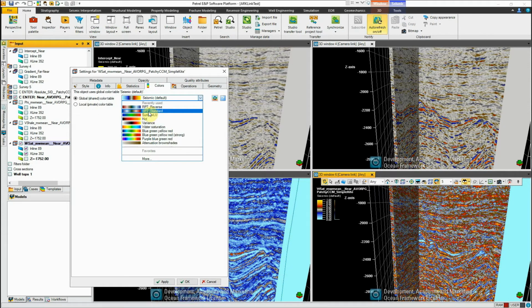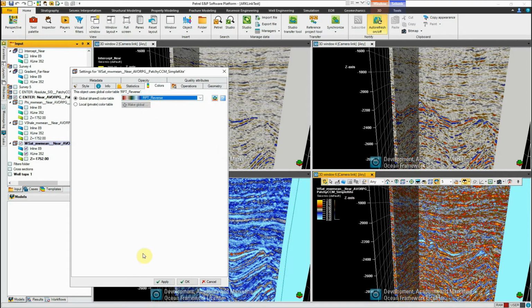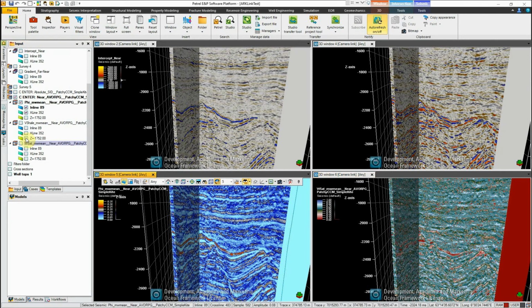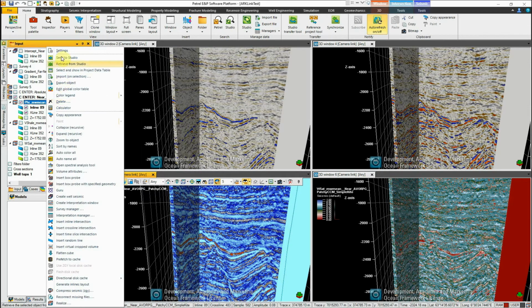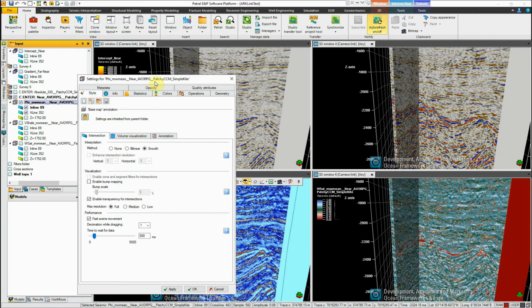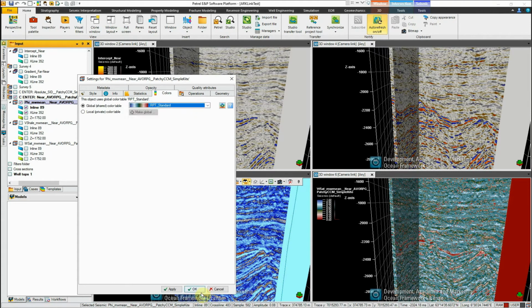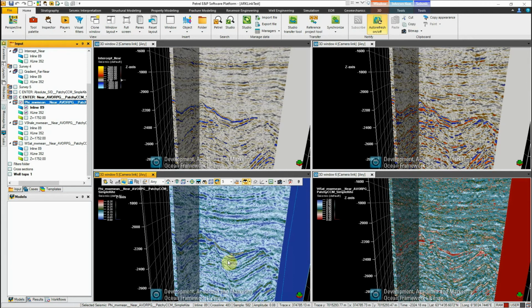And we need to change these color maps a little bit. Let's see where this is taking us. So we want this to be like that, and we want this to be like that.